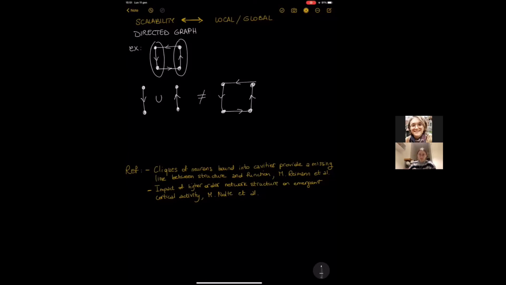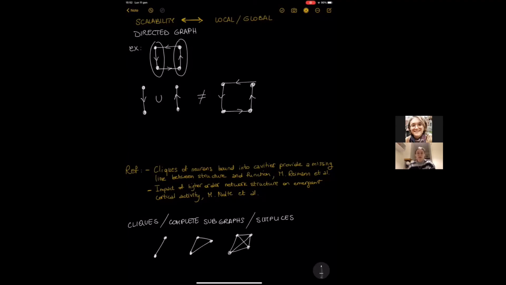In particular, in these two works, it's paramount to study one particular motif that can be found in directed graphs, in graphs in general, which is the number of cliques, or if you want to call them complete graphs, complete subgraphs, or also in general in topology they are called simplices, and are those subgraphs whose vertices are connected with all the others, so like an edge, for example, or a triangle, or a tetrahedron, and so on.